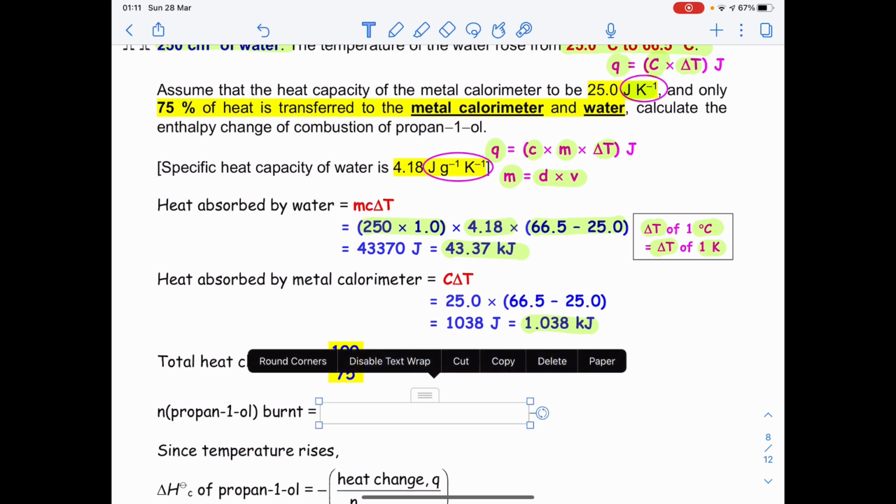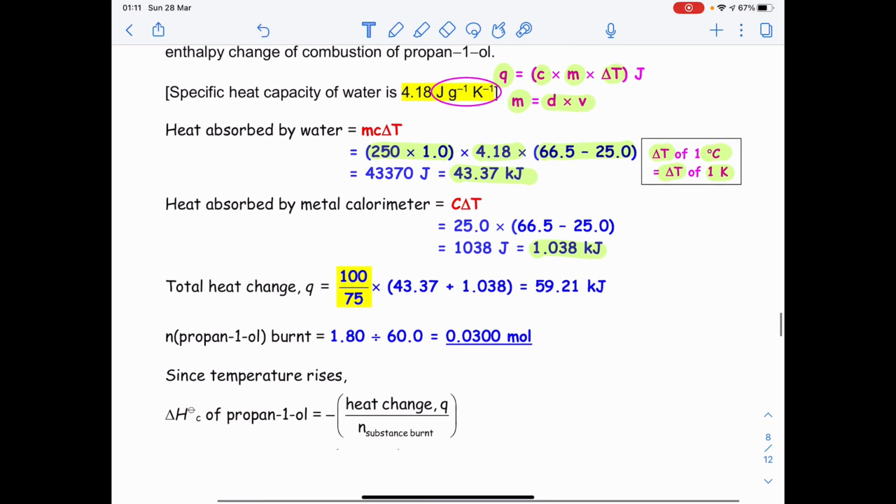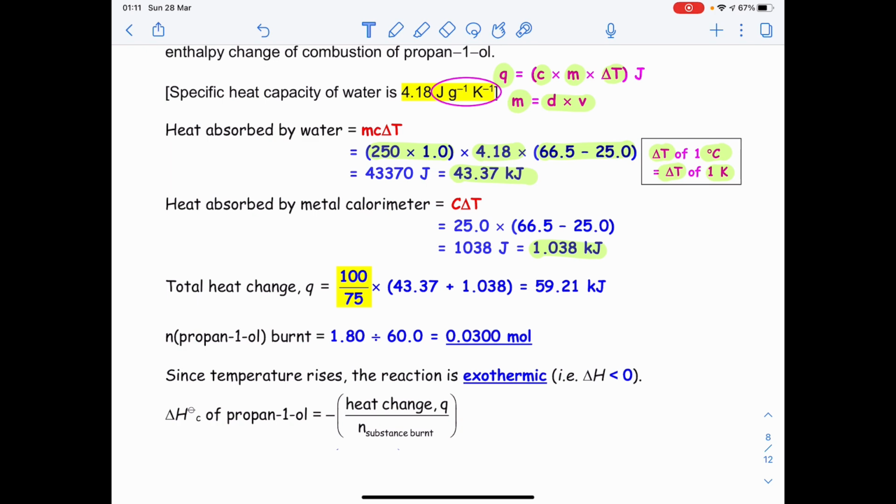And the amount of propan-1-ol burnt is the mass 1.80 over the Mr, which is 60.0. That turned out to be 0.0300 mole. And since temperature rises, enthalpy change is exothermic, the sign is negative.